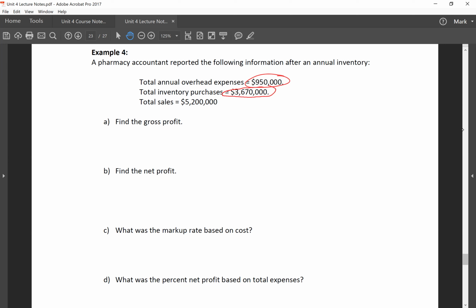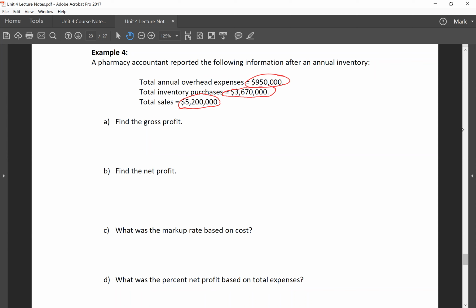So when I write inventory purchases, that's how much the business spent, like the cost. And then the total sales was 5.2 million. So they made $5.2 million. They spent 3.6 million on inventory and another 950,000 on overhead.